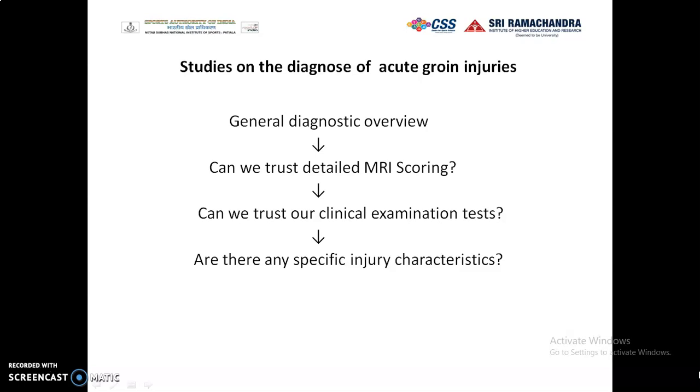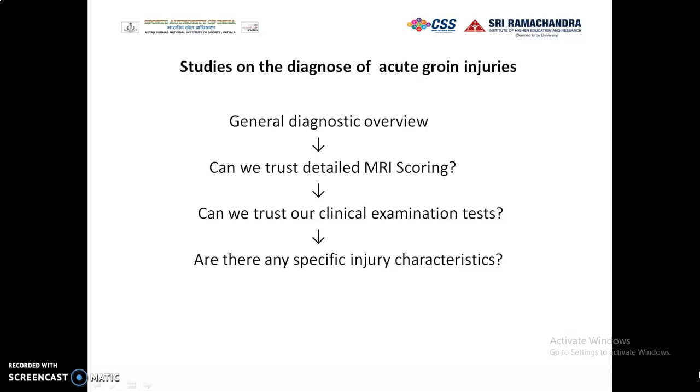And again, can we trust the detailed MRI scoring? Because if the patient carries an MRI with them, as we discussed in the previous slides, how do we diagnose the groin pain, through history, or by doing clinical examinations with the help of sports medicine physicians, or do we rely on the MRI?